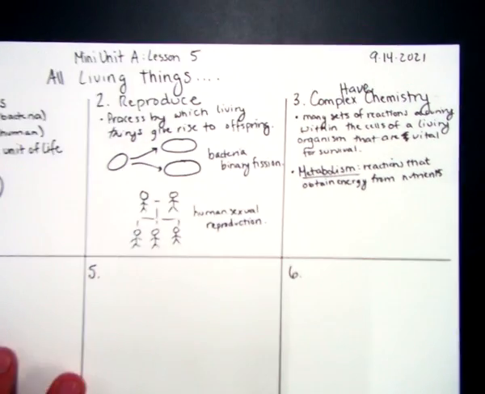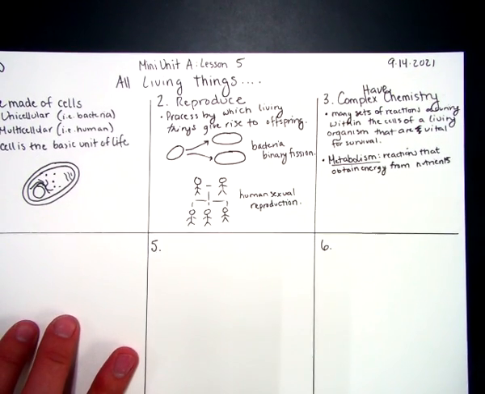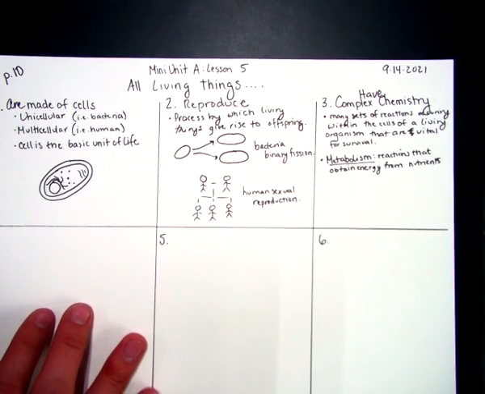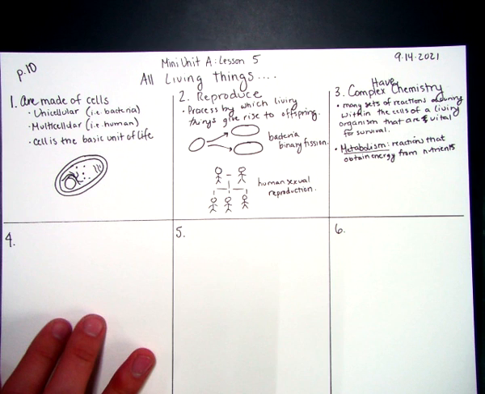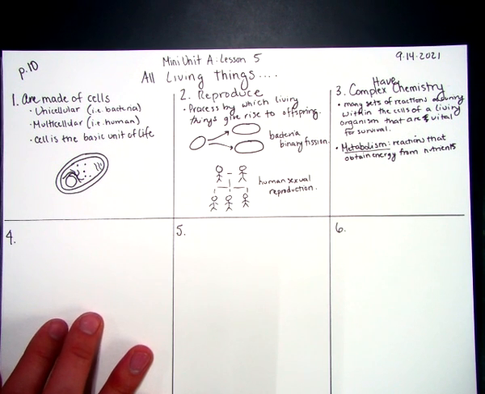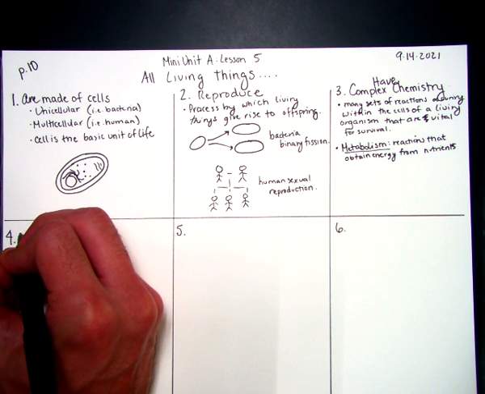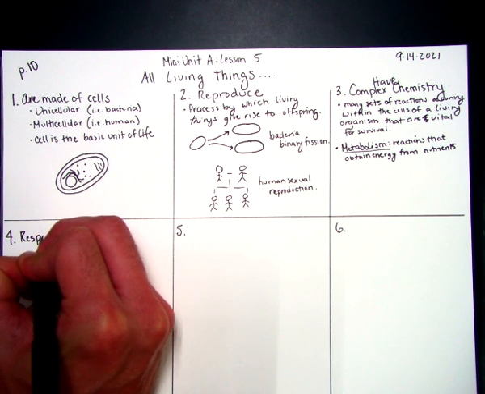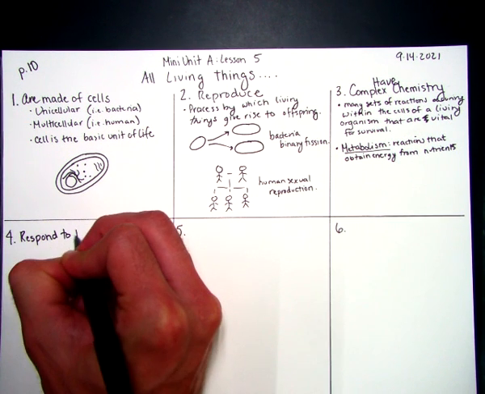Number 4. So all living things are made of cells. They all reproduce. They all have complex chemistry. Okay, but number 4 is that all living things have the ability to respond to the environment.